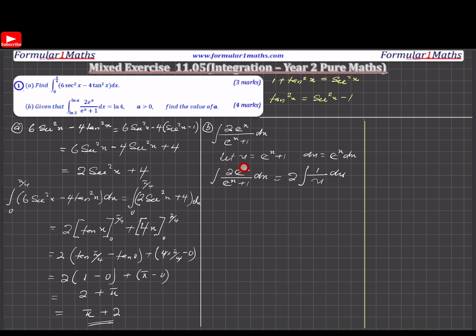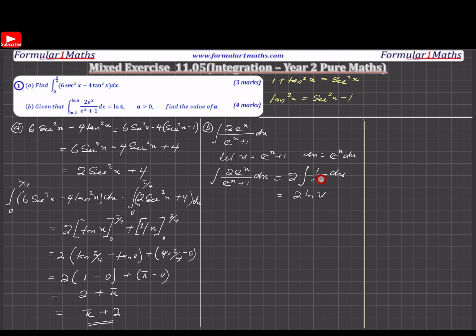Because this 2 is here and the e to the power x dx is replaced with du, because we said du is equal to e to the power x dx. And obviously the e to the power x plus 1 is replaced with u, as we said here. But now this can easily be integrated as follows. This will be equal to 2 ln u.